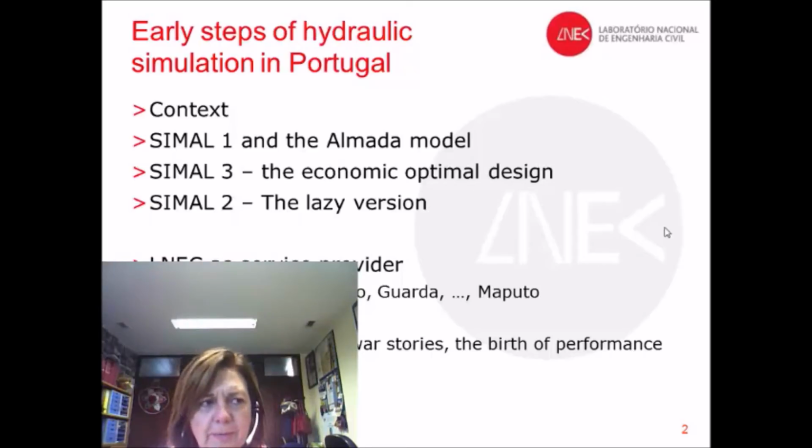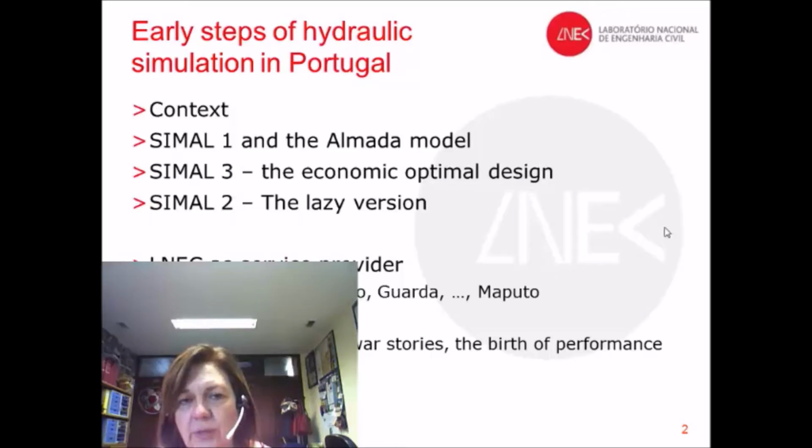And so we developed an application, a Fortran application that we called Simal1, that was used for the first time ever in a Portuguese town, Almada, not far from Lisbon, just on the other side of the river. So this was the first real application for use by the utility people in Portugal. This was back in 1981, 82, more or less. So already a long time ago.